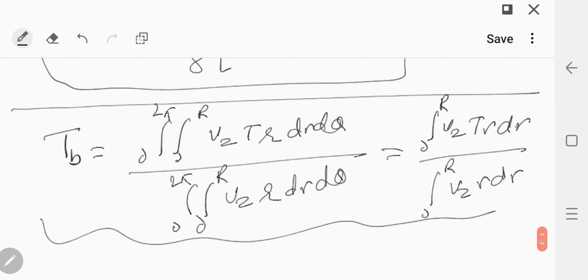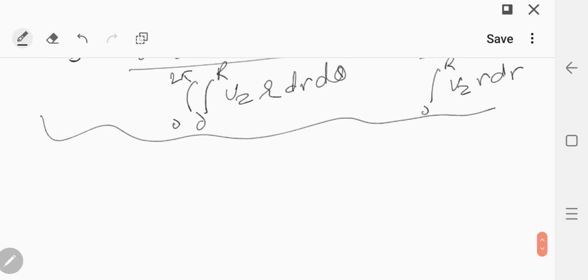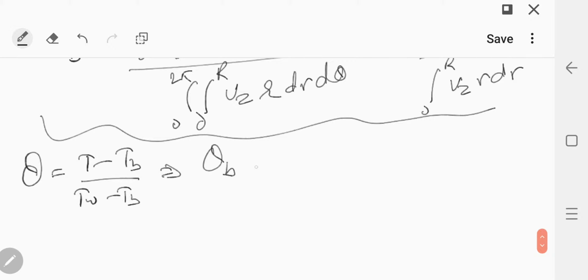Now we're gonna rewrite this expression in terms of the dimensionless variables theta and zeta. So upon writing, now what will be theta b? Okay, before that, now what is theta? Theta is T minus Tb by Tw minus Tb. What will be theta b? For that, T will be replaced by Tb and this comes out to be 0. Clear?